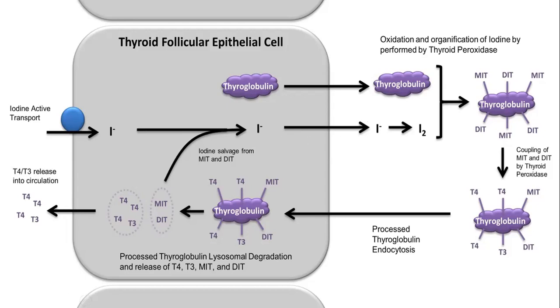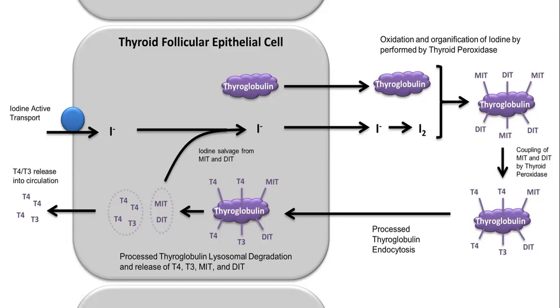Now, thyroglobulin is a protein that contains large numbers of tyrosine amino acids that go on to become individual thyroid hormone molecules. Thyroglobulin is synthesized within the follicular epithelial cells and secreted into the follicular lumen.